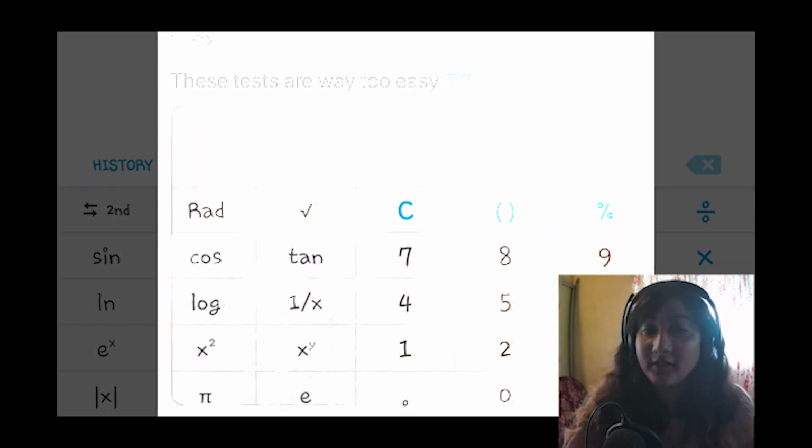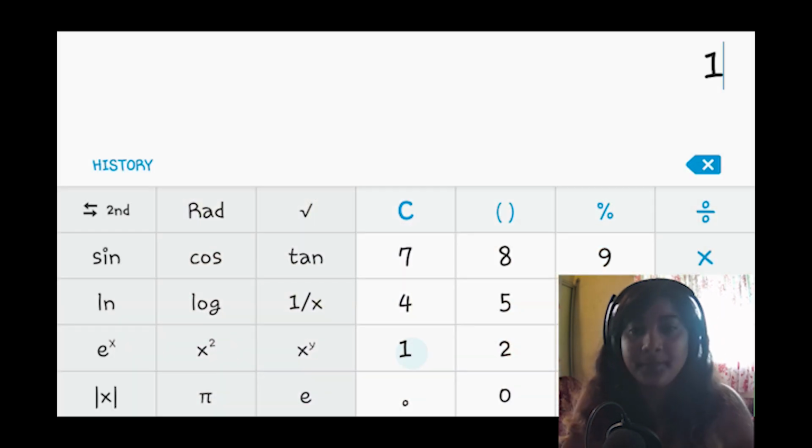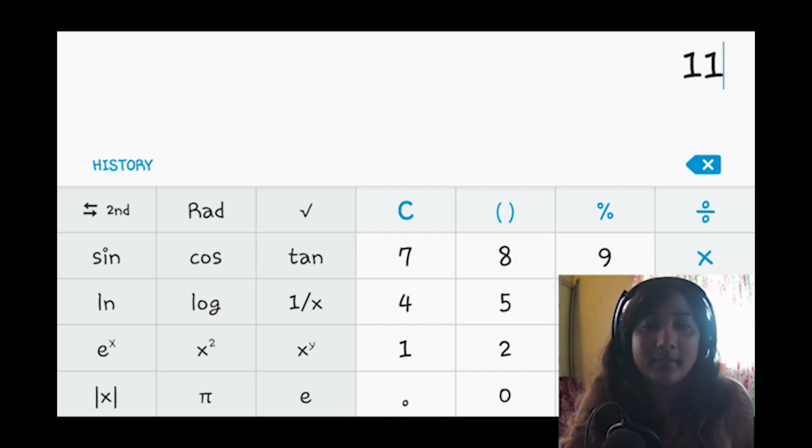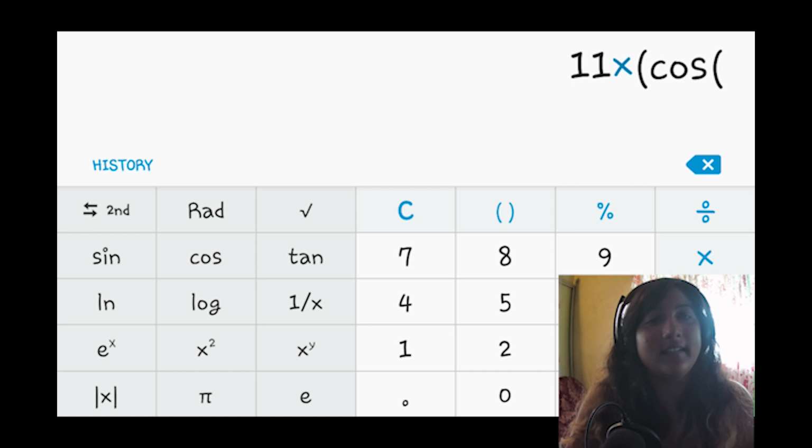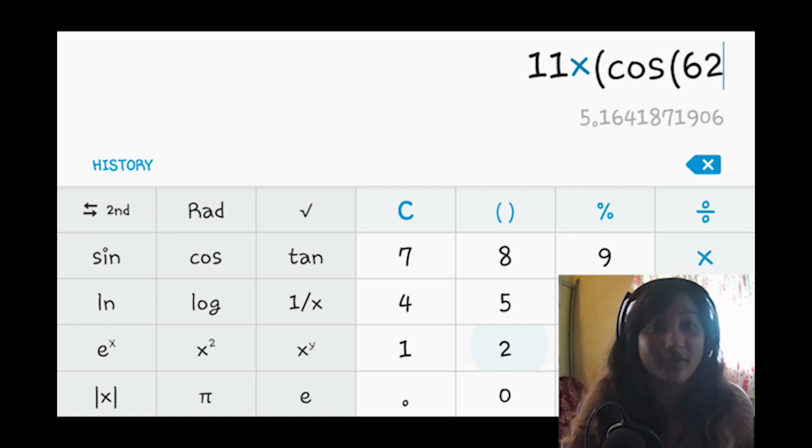Let's enter the numerical statement into our calculator. We'll begin by typing 11, our operation of multiplication, open parentheses, and enter our trig function. In this case, cosine. And now I'm going to enter the magnitude of my angle.